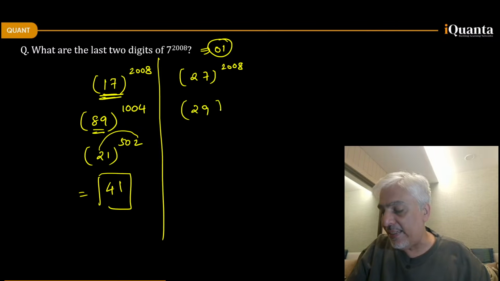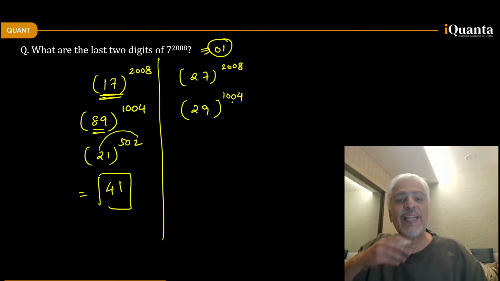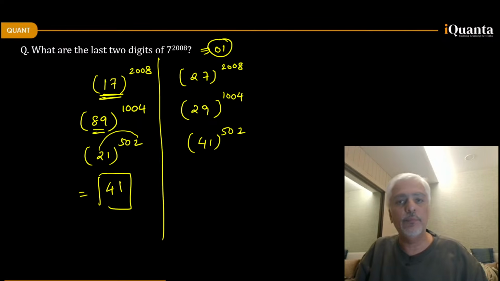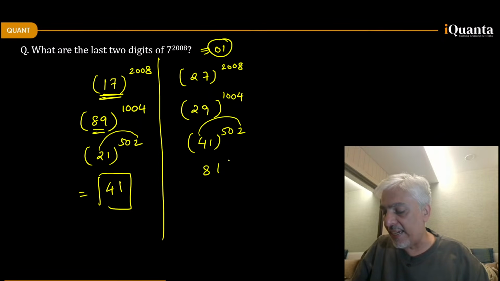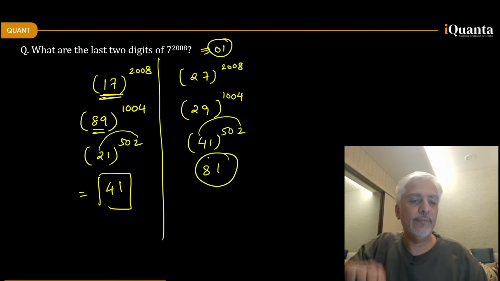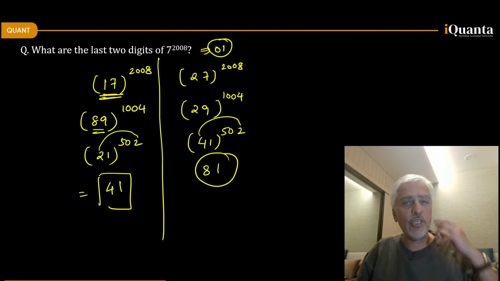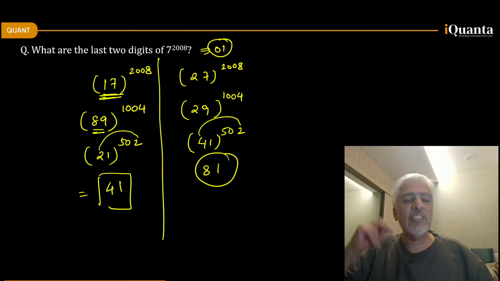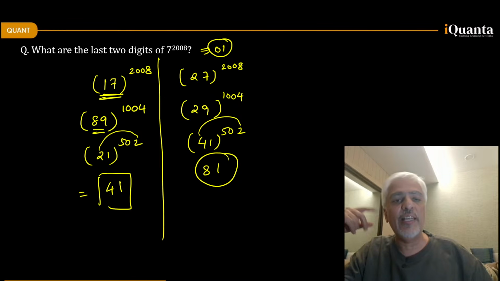So I'll write 29 raised to 1004. What is 29 square? Same as 21 square, 441. So 41. 41 raised to 502. 1 comes as it is, 4 2s are 8. Answer is 81. Once you get tuned to do this, it becomes so fast. This is just tuning. It comes very quickly.